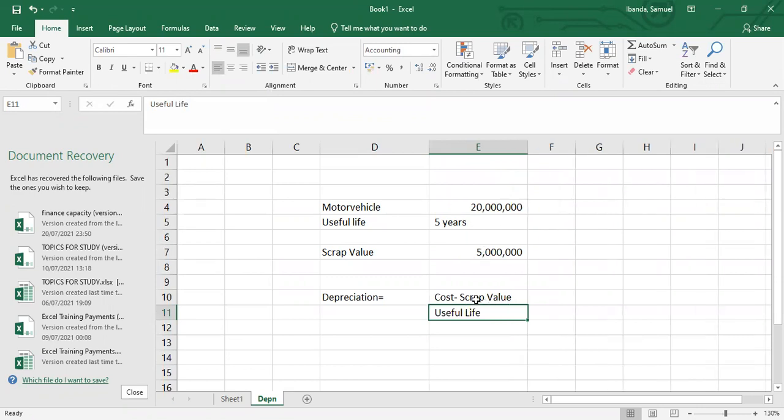Cost minus scrap value divided by useful life.